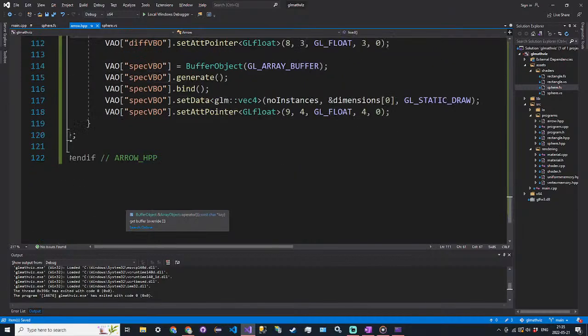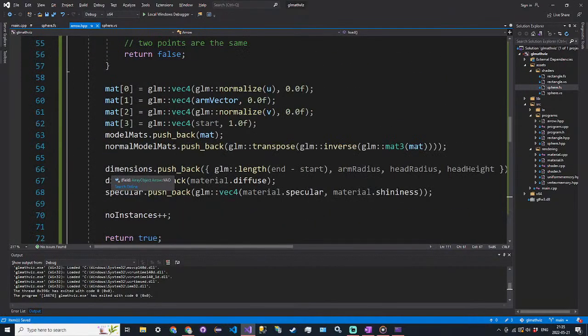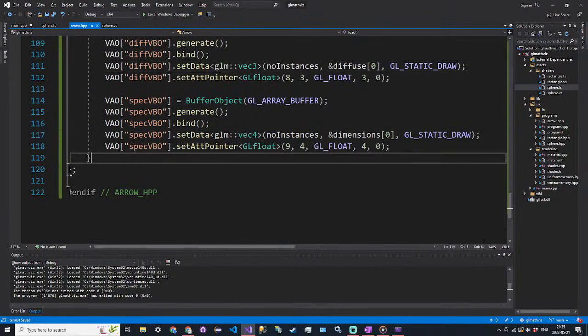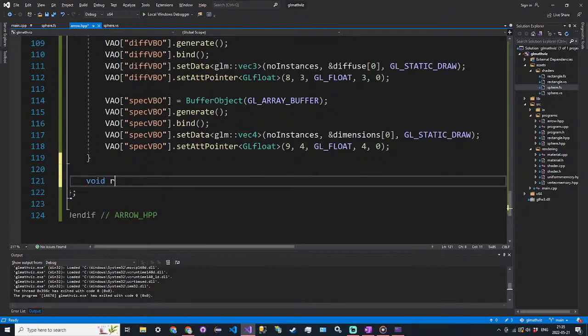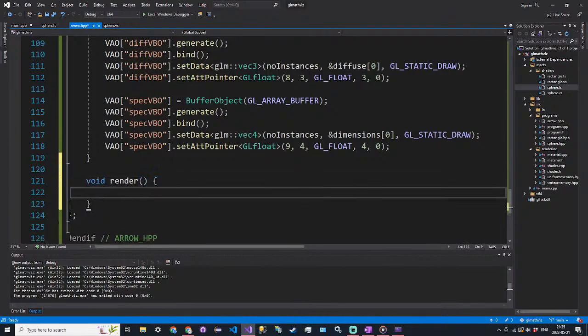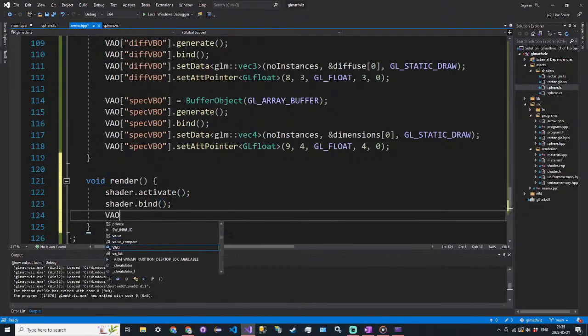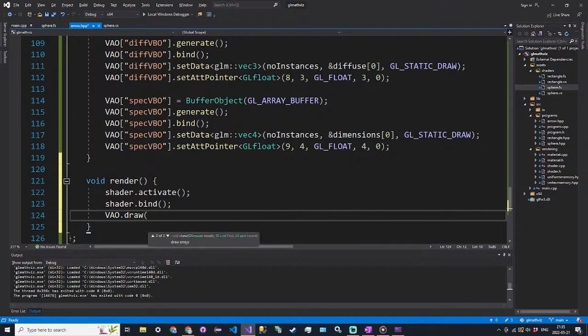So we have the load, we have add instance, and now we need to write the render function. So void render, we're going to say shader.activate, shader.bind, and then we're going to do VAO.draw. So once again, we're going to be drawing one quote unquote vertex or one just unit with the VAO for every instance.